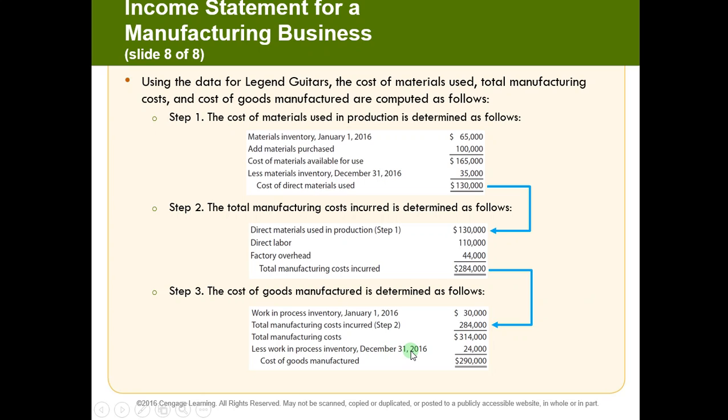December 31st, I took an inventory of my work in process, what jobs were still open and not quite complete, $24,000 worth of jobs. So I manufactured and completed $290,000 worth of goods. That $290,000 became finished goods.